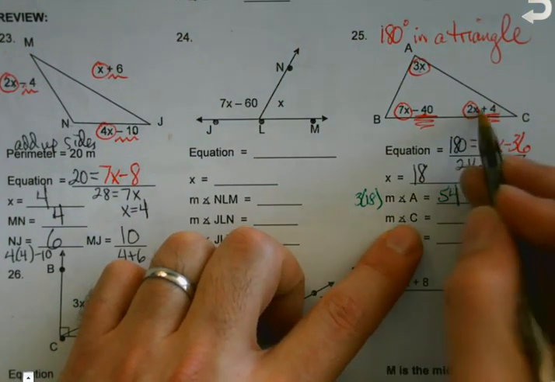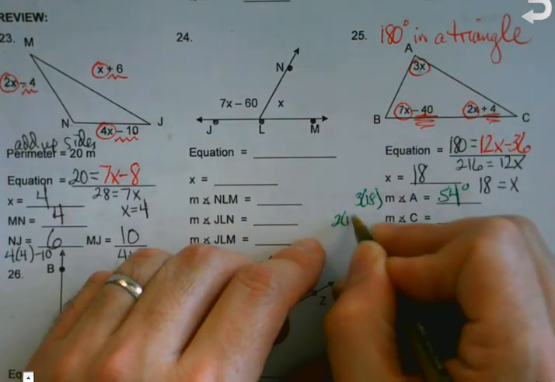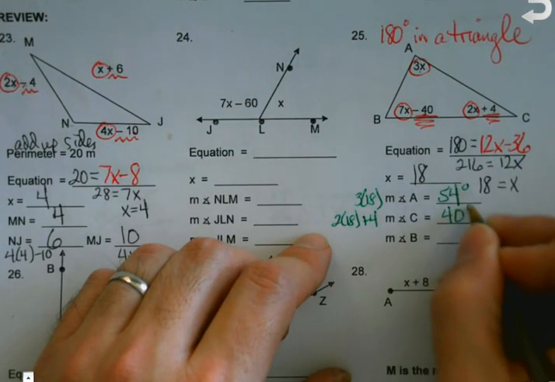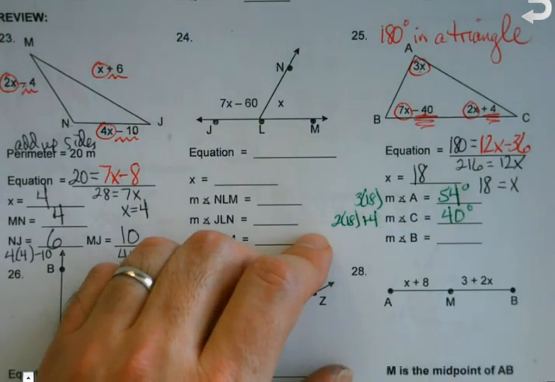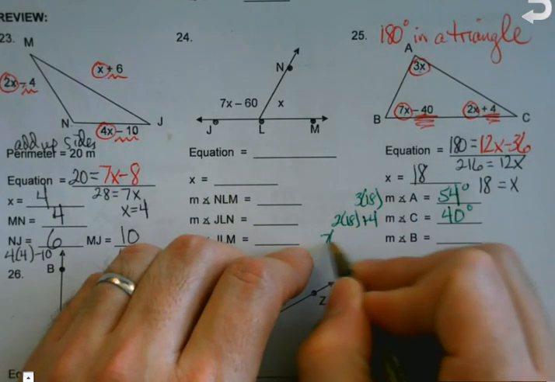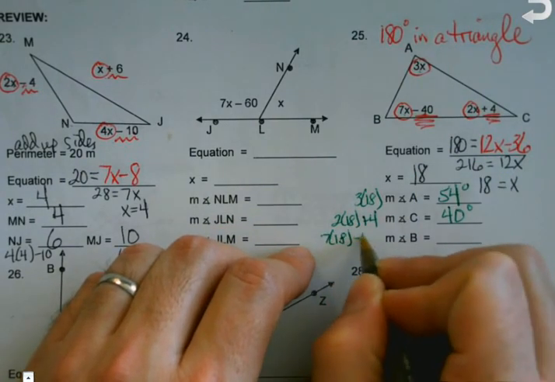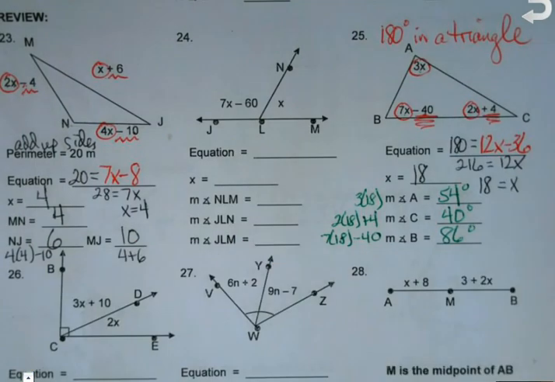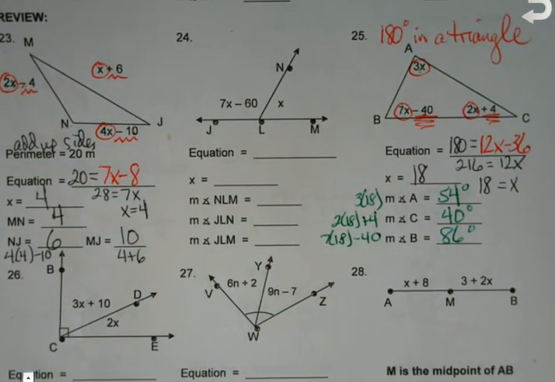Angle C is 2x plus 4, so 2 times 18 plus 4. And B is 7x minus 40, so 7 times 18 minus 40. We're ready to go.